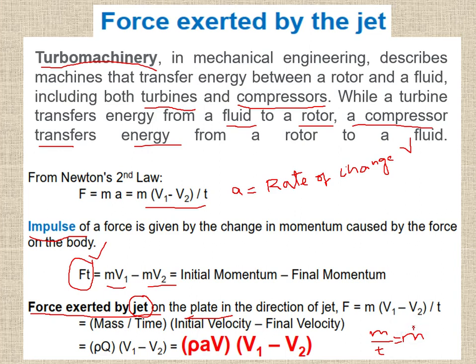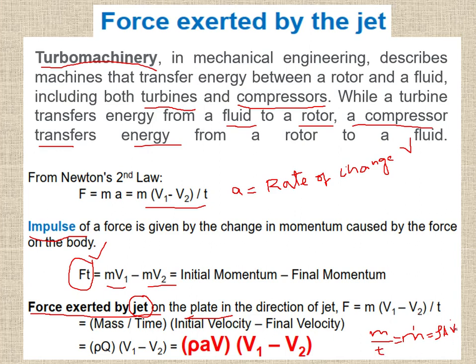M dot, and you know that M dot is equal to rho A V, that is, density times area times velocity.